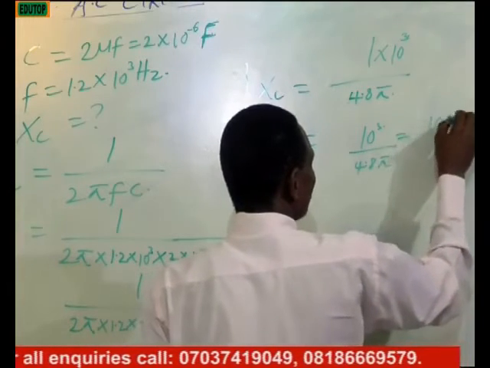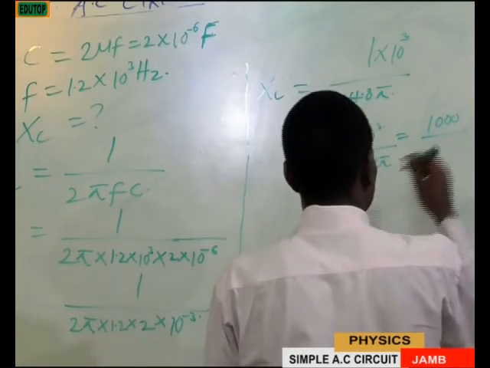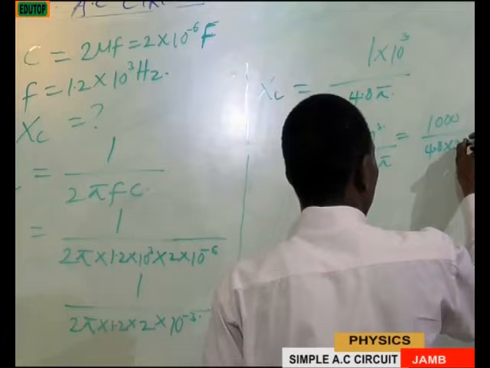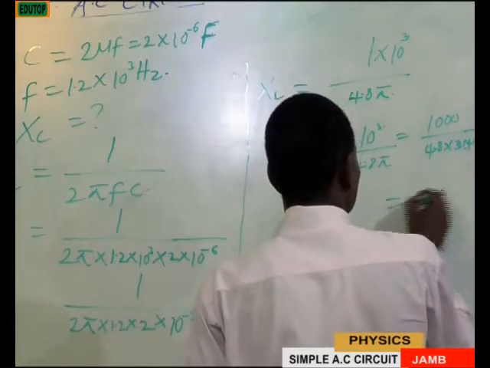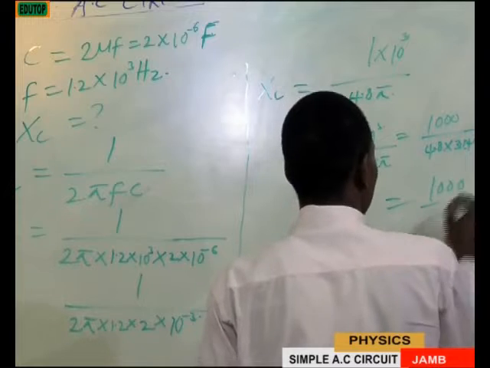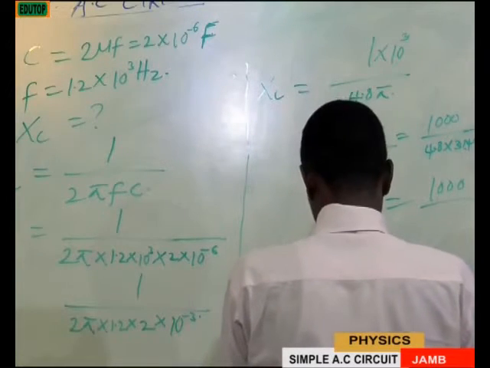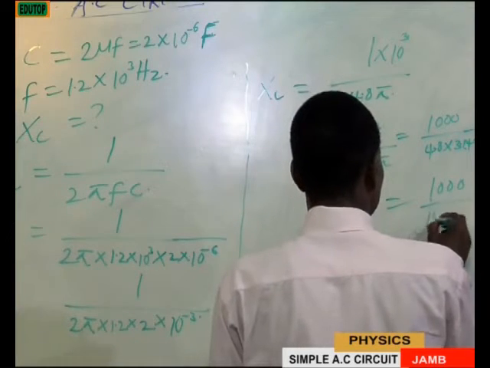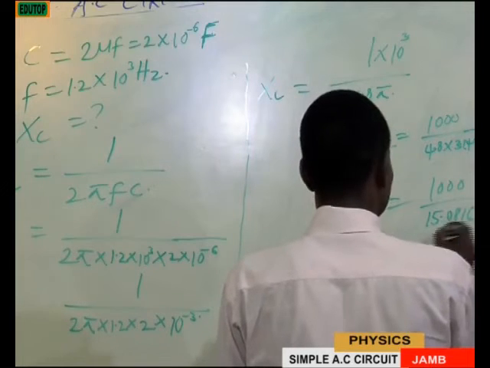This is 1000, in terms of pi. Let's say this is 4.8 pi times 3.142, which is the value of pi. 1000 divided by 4.8 times 3.142 will give us 15.0816.